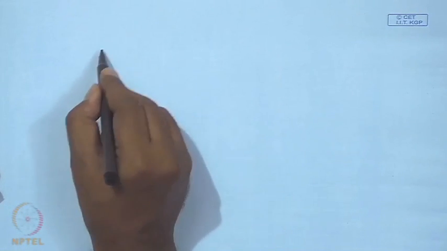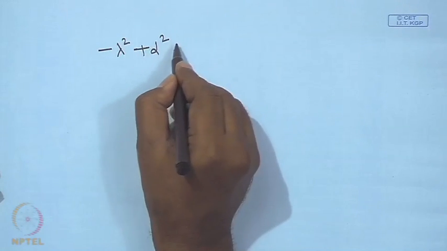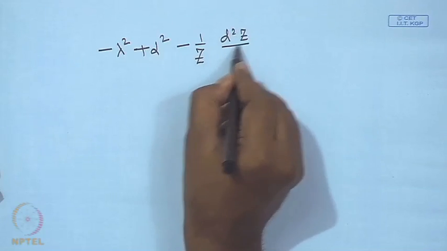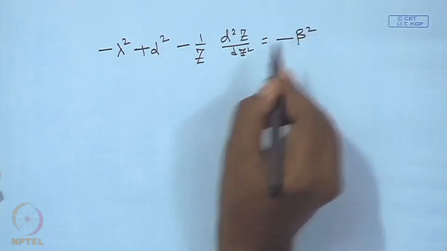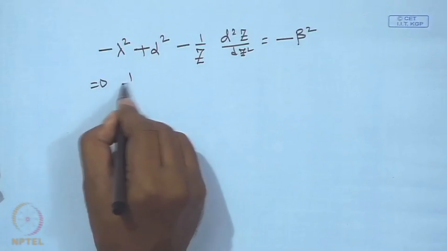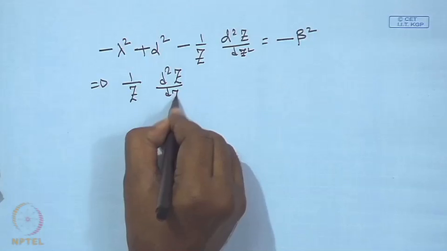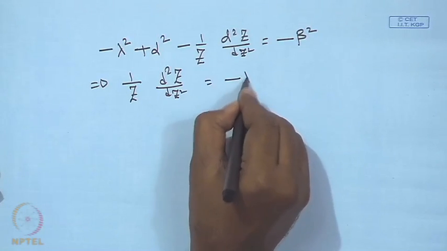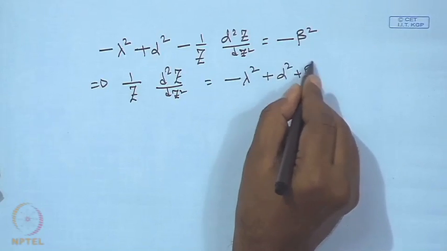If we look into the z varying part, this becomes minus lambda square plus alpha square minus 1 over z d square z dz square is equal to minus beta square. Bringing the 1 over z d square z dz square term to the other side, we get minus lambda square plus alpha square plus beta square.